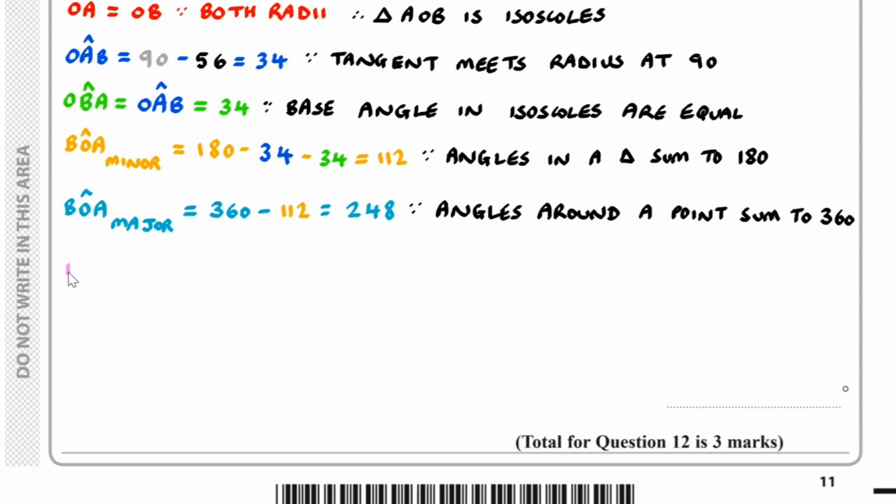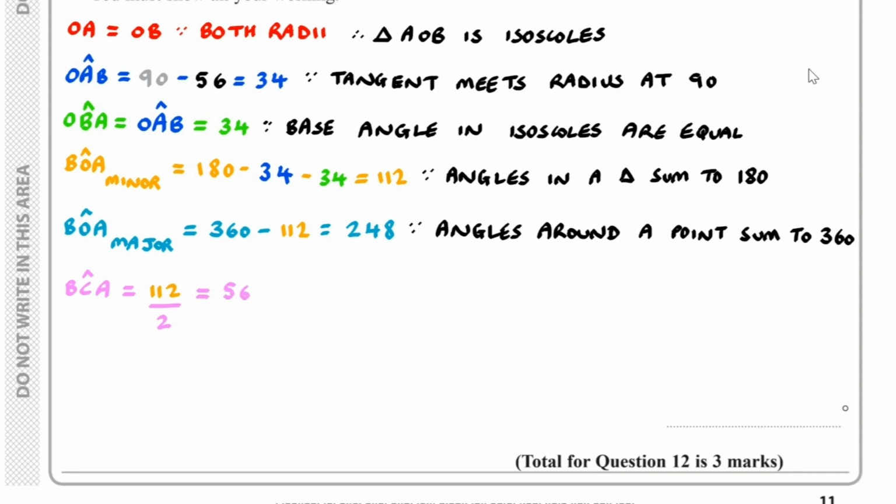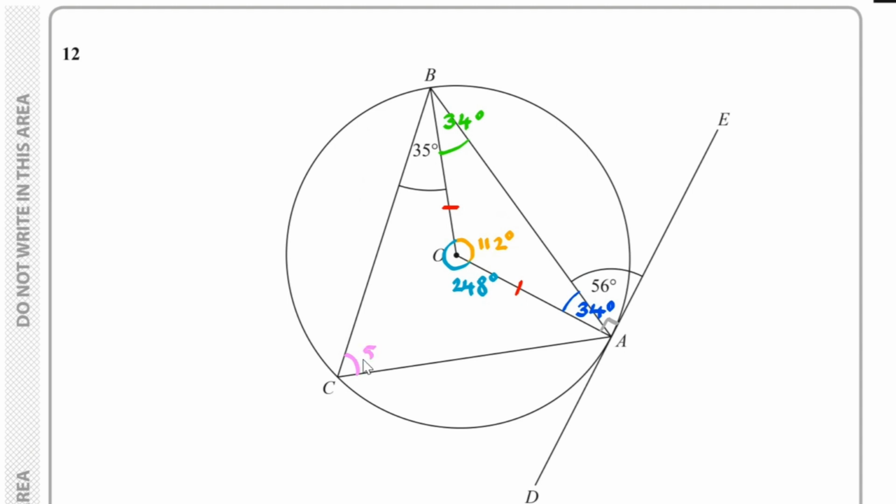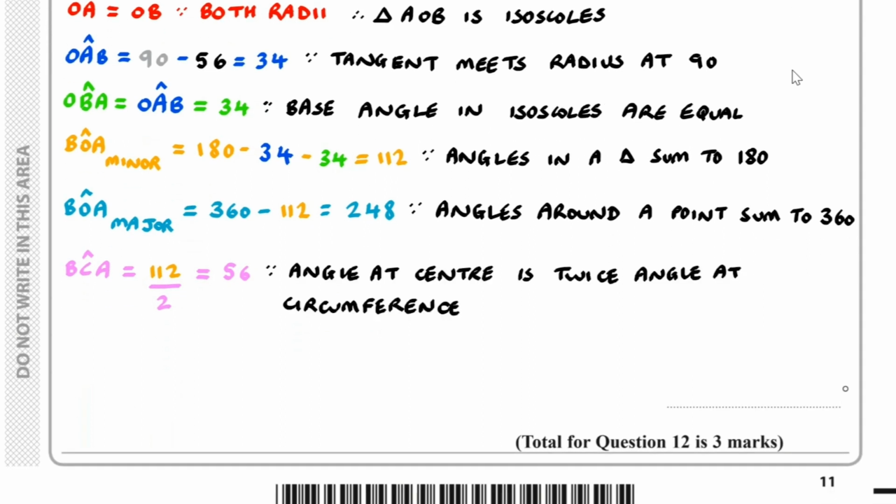So BCA is equal to the 112 divided by 2, which is 56. So we have 56 degrees here, and the angle at the centre is twice the angle at the circumference.